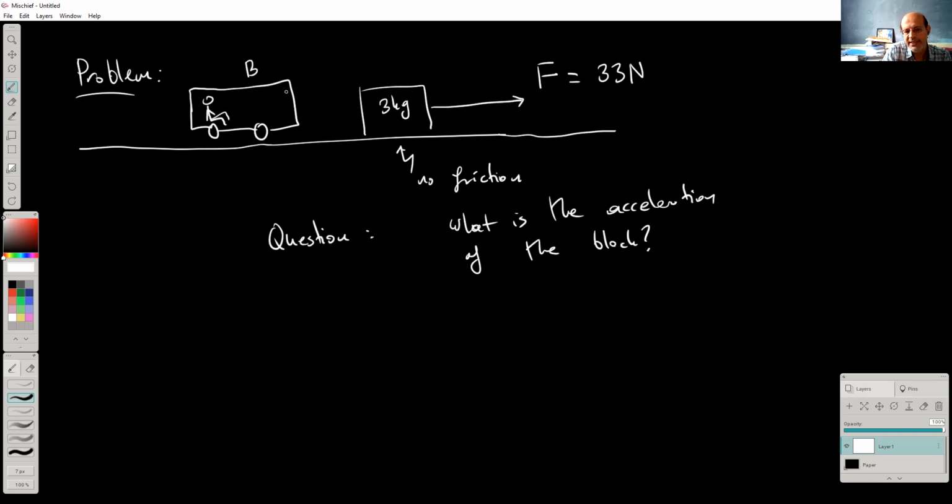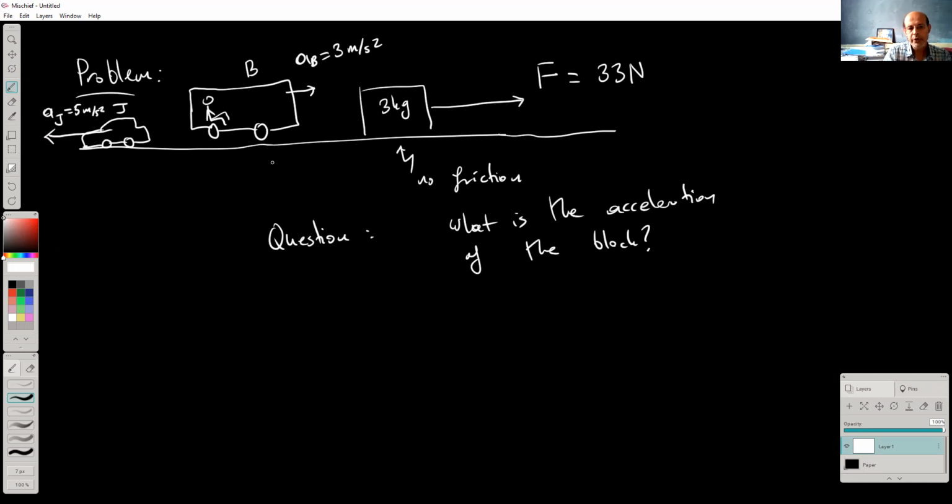I'm going to call this B. It's accelerating, let's say, towards the right with an acceleration of 2 meters per second squared. And then let's say that there's a car in here, perhaps a Jaguar. Let's call this the J reference frame. And let's say that this is accelerating towards the left with an acceleration of, let's say, 5 meters per second squared.